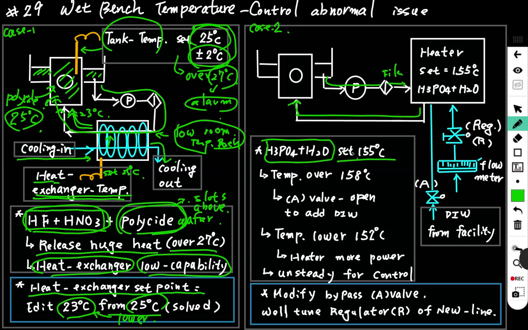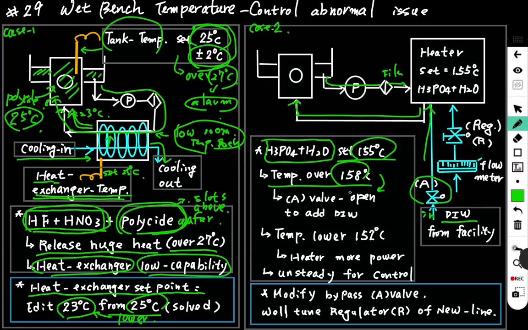If set at 155 degrees, if temperature goes over 158, too hot, the A valve, this one, will open automatically to let DI water in, and DI water into the heater can lower the temperature.